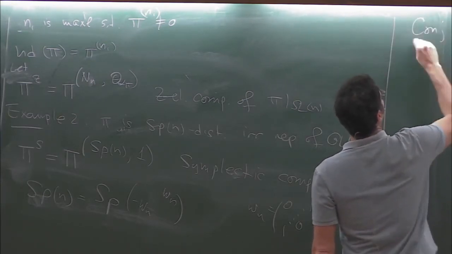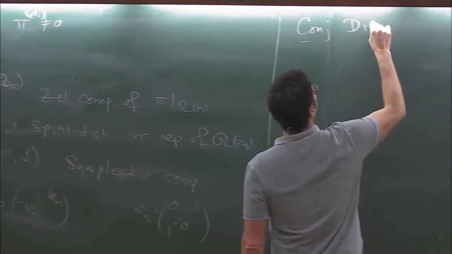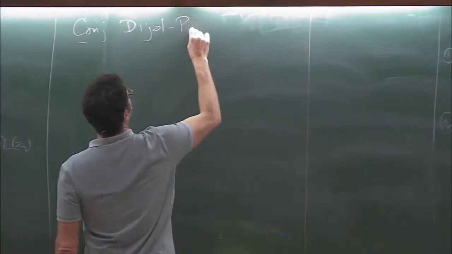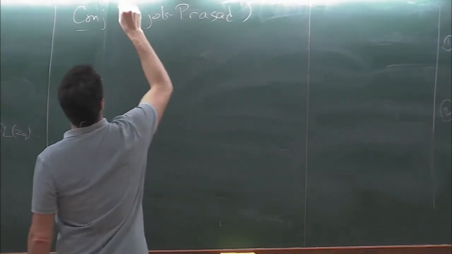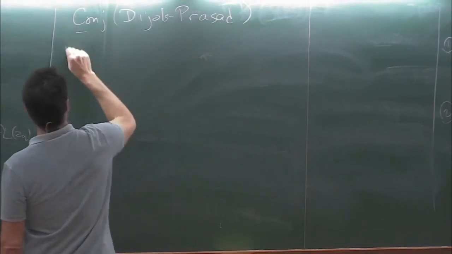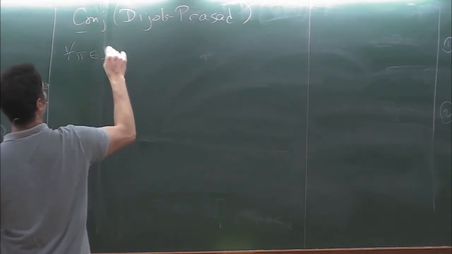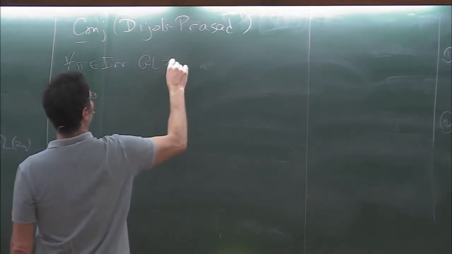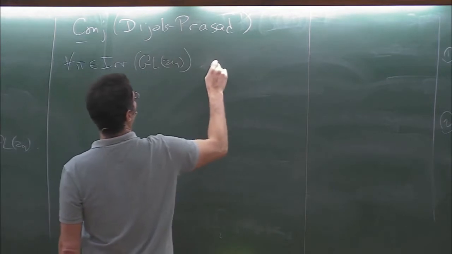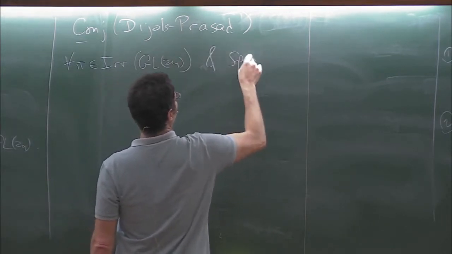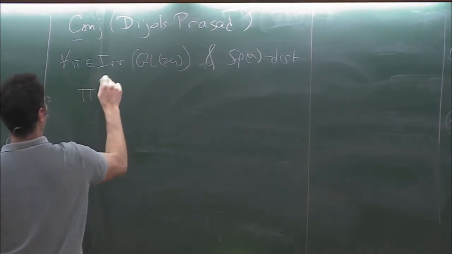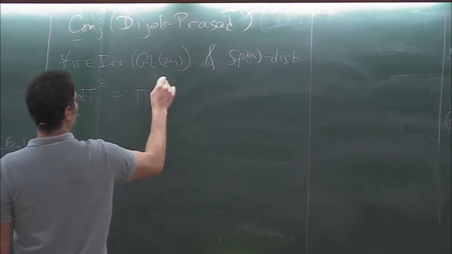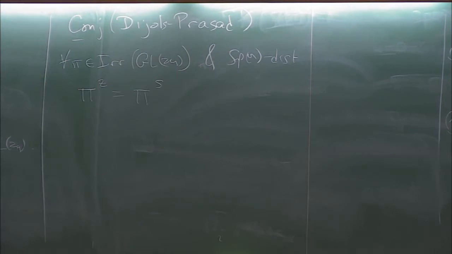And the conjecture of Dijols and Prasad is that for every pi irreducible and Sp_n distinguished, the symplectic component is the Zelevinsky component.